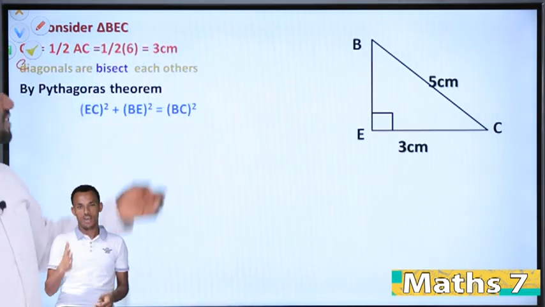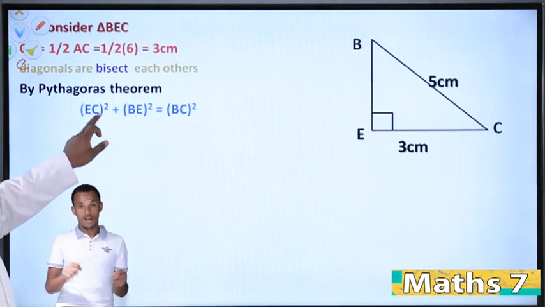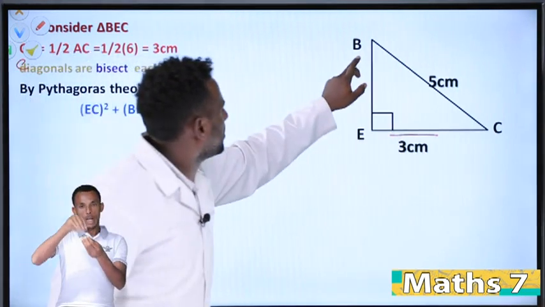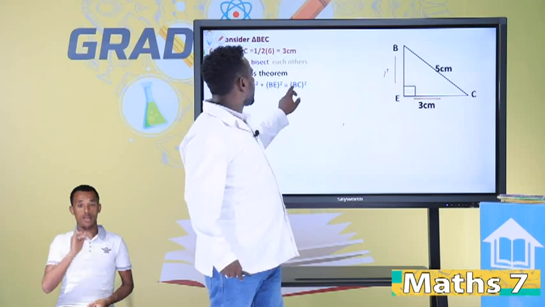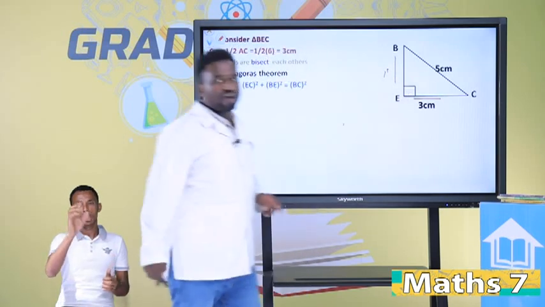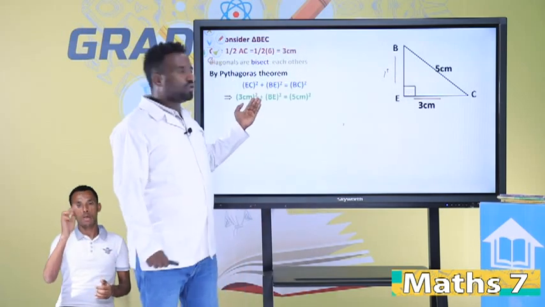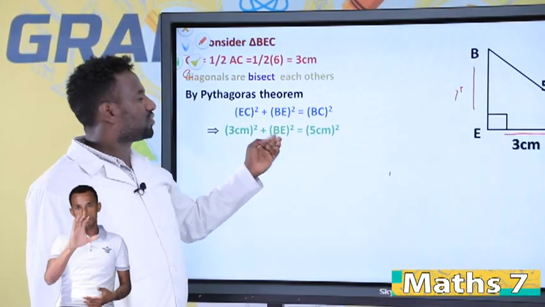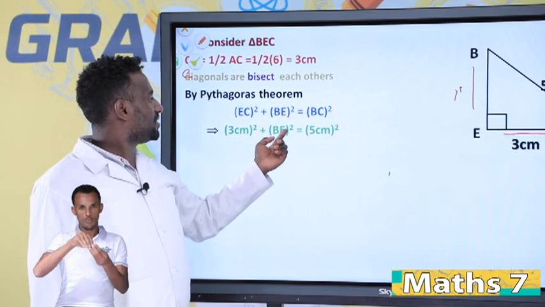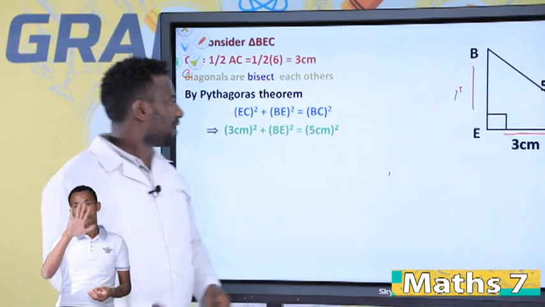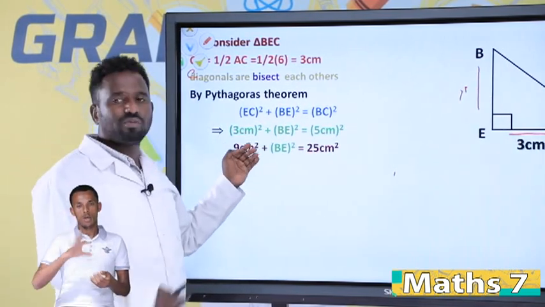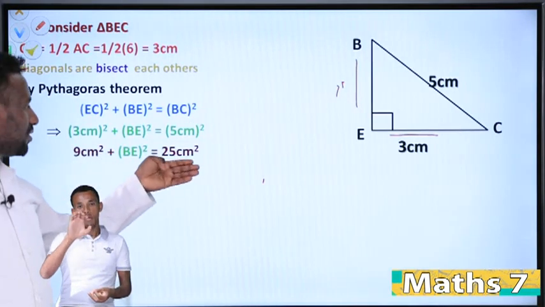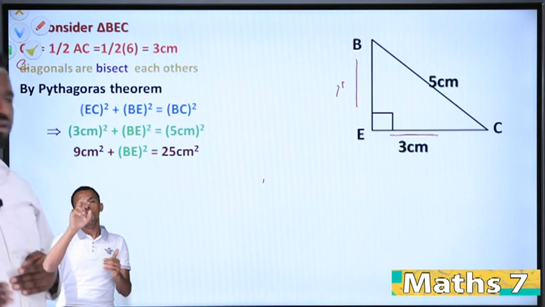So AE square plus BE square is equal to BC square, or 5 centimeter square. Substituting, 3 centimeter square plus BE square equals 5 centimeter square. We get 9 centimeter square plus BE square equals 25 centimeter square.